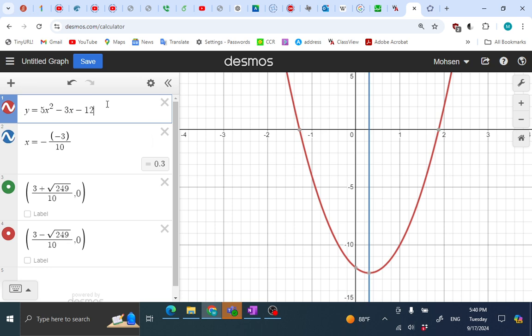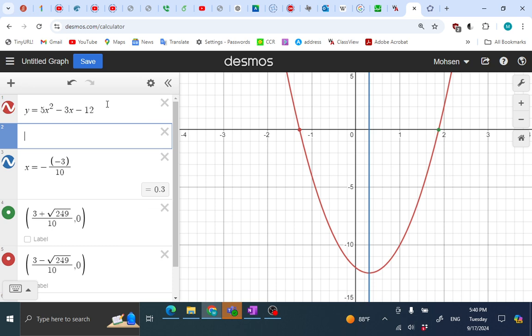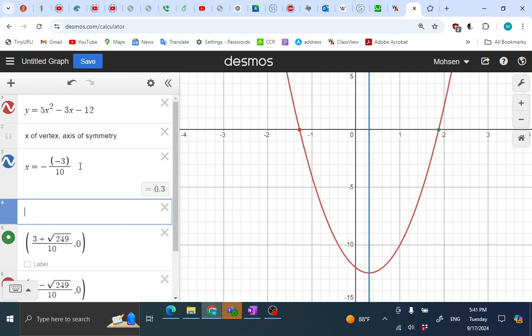To leave notes for yourself, you can come here, press return, start with double quotes, and write a quote to yourself. So we can have the x of vertex, and you can also write it as axis of symmetry. So axis of symmetry, this line, divides your picture into 2 equal halves.